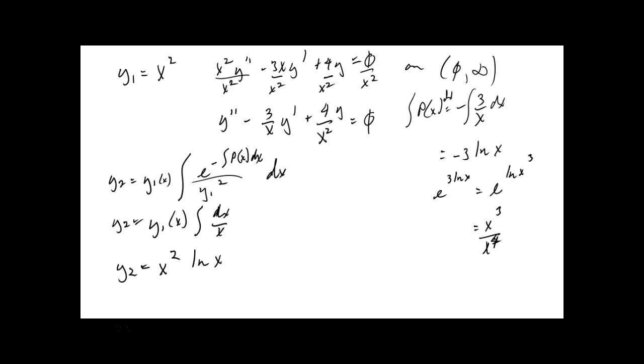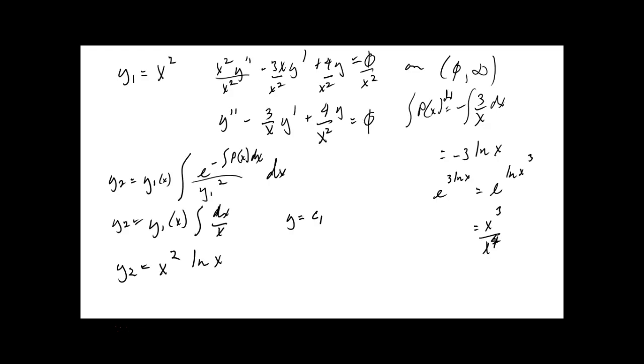So what is your general solution? That's what I asked for. I found the general solution. The general solution y is going to be some c1. There is your constant, because it's a second order linear differential equation. You have a c1 times your y1, which we know to be x squared, plus c2 y2, which we now have determined to be x squared log x.